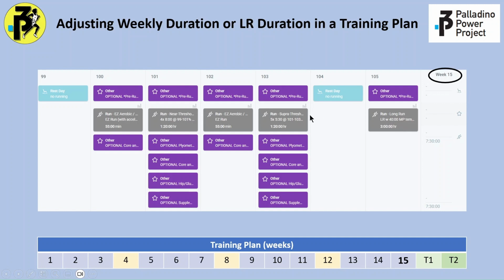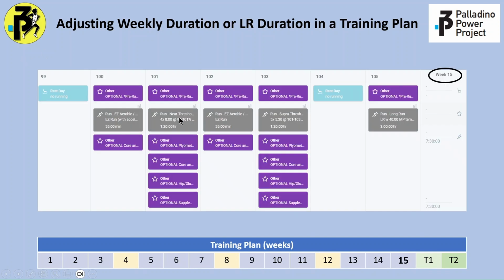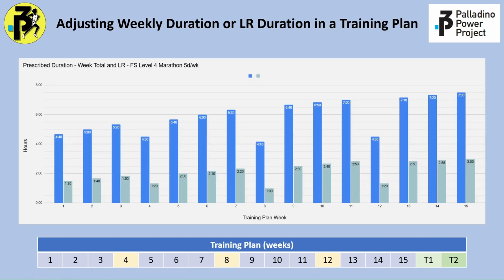A 3 hour long run, hour and 20 minute interval session, hour and 20 minute interval session, 55 minute easy aerobic runs. If you find yourself saying, "Wait, that's about right for me, but the start is too low," then don't worry. Start at too low. You're going to get there.